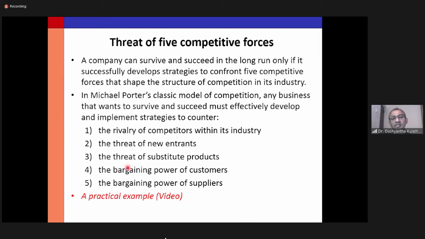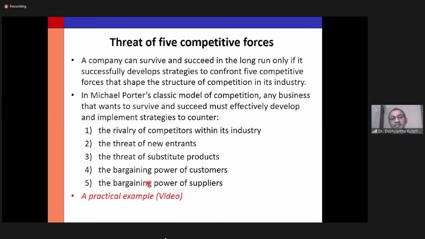So if there are a large number of sellers selling the same product, the bargaining power of customers is said to be high.